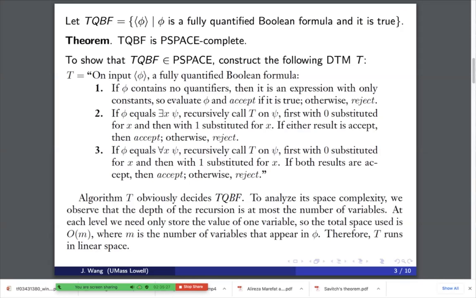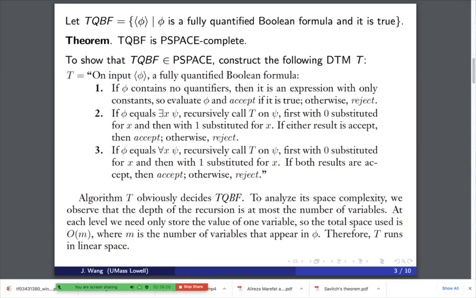Because we're assuming it has to be fully quantified. So that means if it contains variables, there must be quantifiers for that variable. If there is no quantifier, that means the formula is just a constant, so no variables. So then it's easy to evaluate and see whether that constant returns true or false.